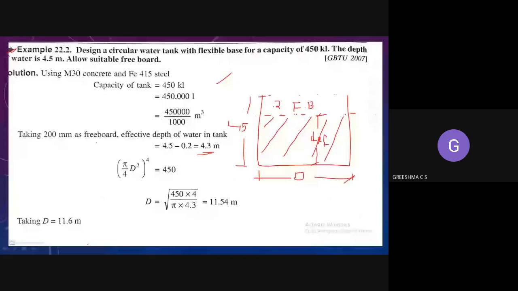You can use this equation: pi by 4 into d square whole raised to 4 is equal to 450. Using this equation, you will get the diameter of the water tank.